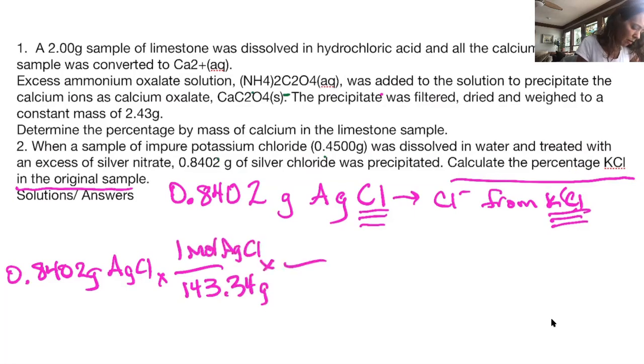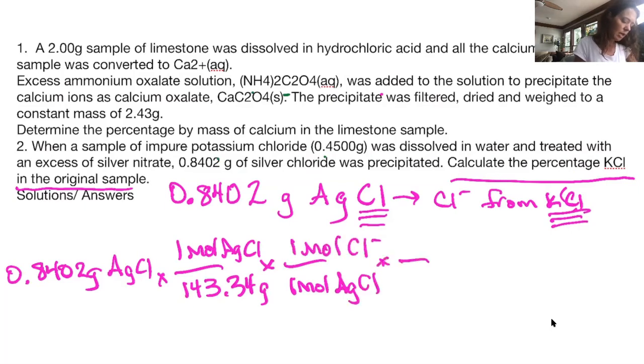We know that 1 mole of AgCl has 1 mole of chloride. I also see that the compound that the chloride came from contained 1 mole of chloride. If it was a Cl2, I would put a 2 there, for every 1 mole of KCl.